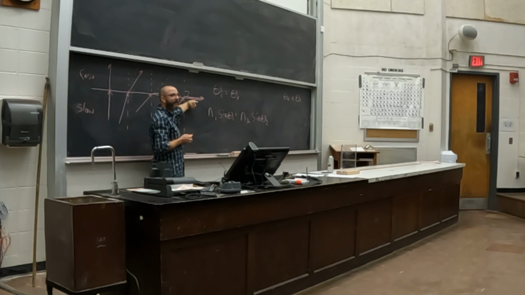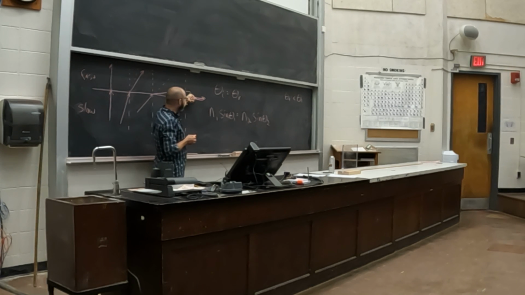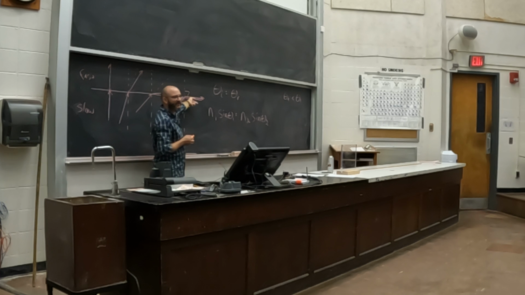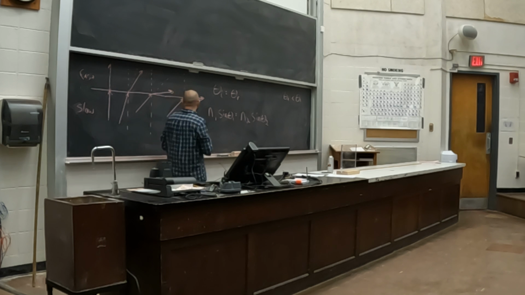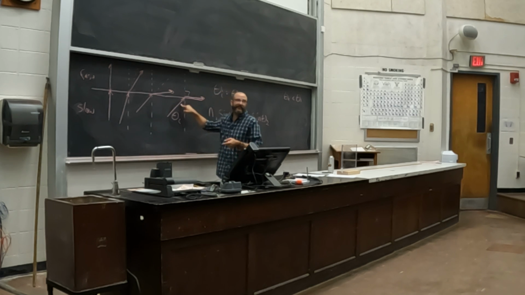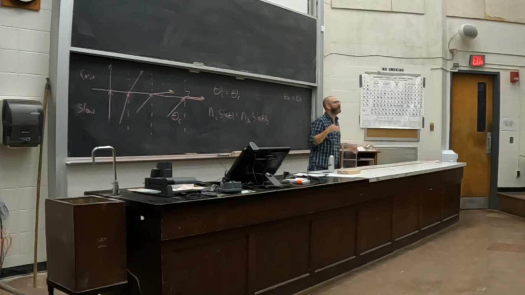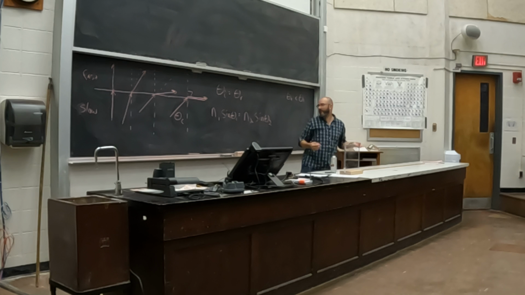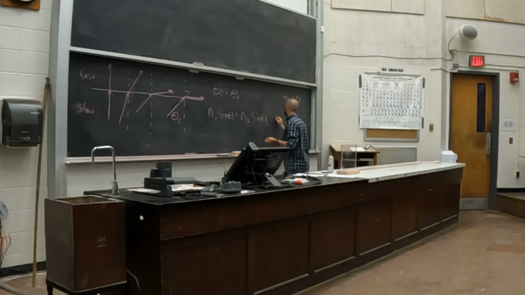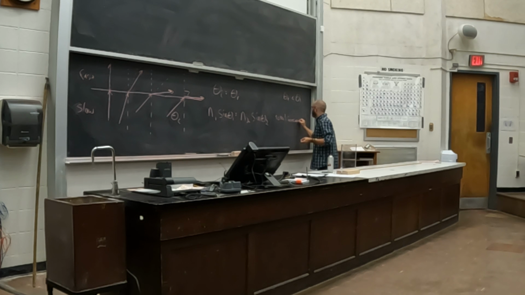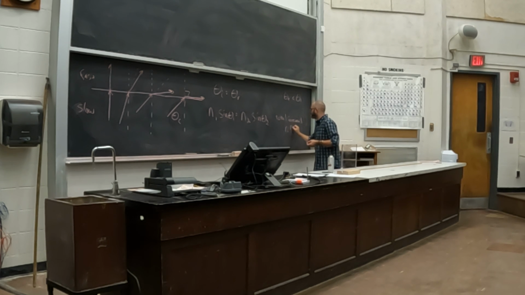Now I have reflection because it's still in the medium. Anything past this critical angle doesn't get transmitted at all. It's all within the medium. I get the phenomenon of total internal reflection.